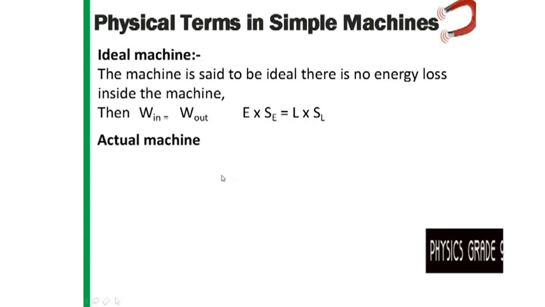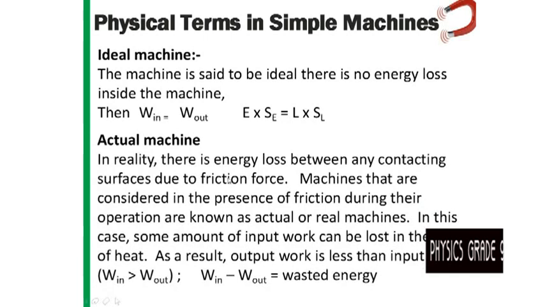Now, when we look at an actual machine, in other words, machines that we find in everyday life, in reality there is energy loss between any contacting surface, and this can be due to friction. You could lose energy, or have energy transferred into another form because of friction.